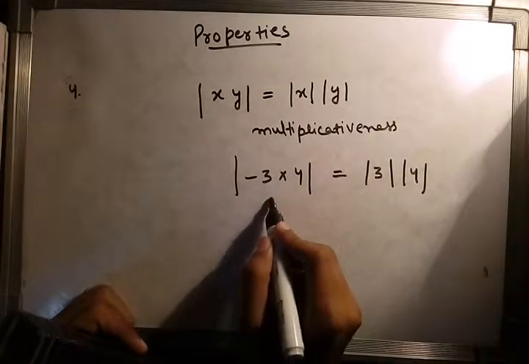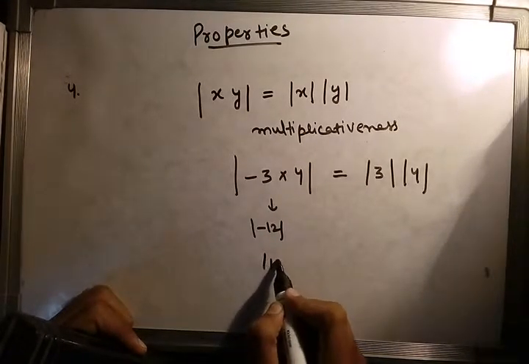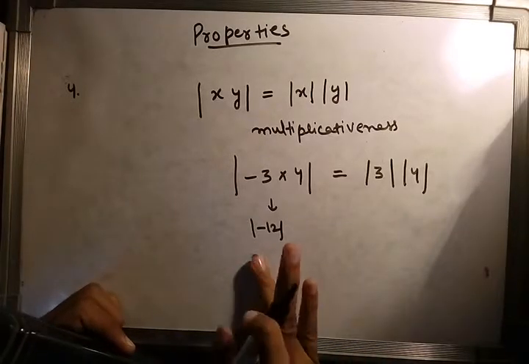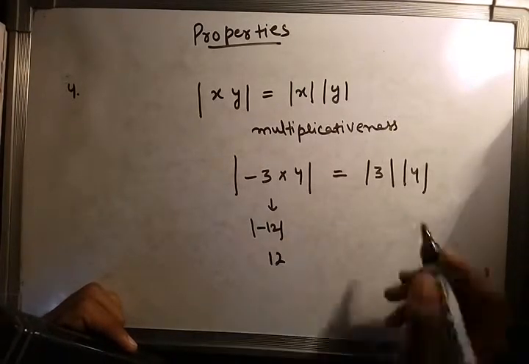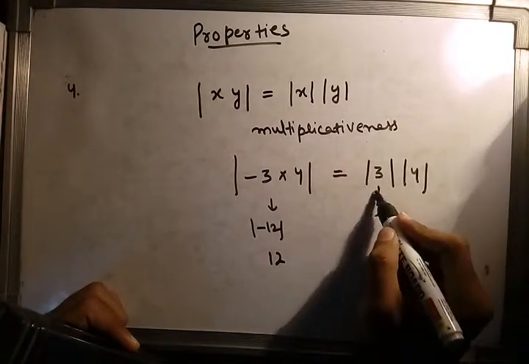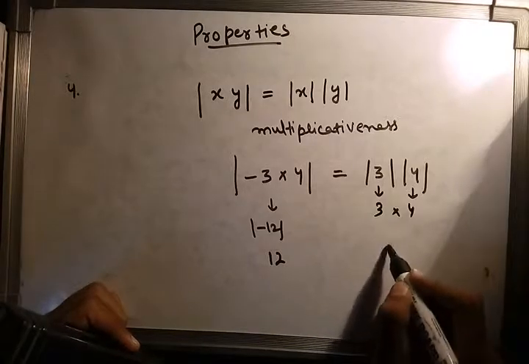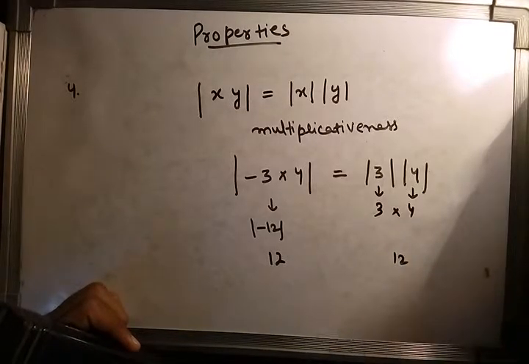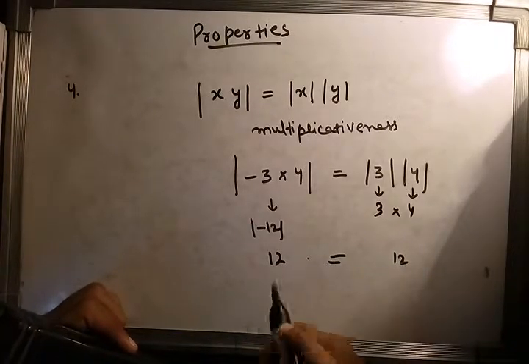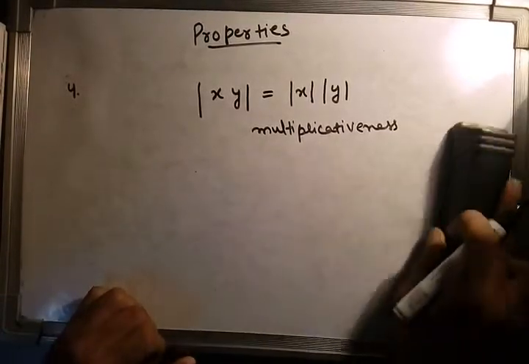Because when we calculate, it becomes mod of -12, which is nothing but 12. And if we go for RHS, we get 3 from this and 4 from this, with a multiplication sign between them, it yields 12. So we got the same result. So this property is correct.